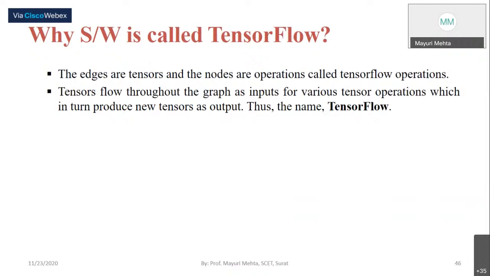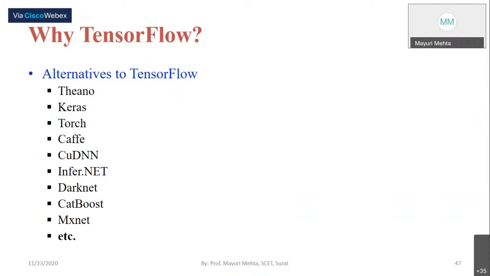Tensors flow throughout the graph, from input to output, as inputs for various tensor operations, which in turn produce new tensors as output, and thus the name TensorFlow. That's why it is TensorFlow, because tensors flow from input to output layer. As they flow through this diagram, the name is TensorFlow.